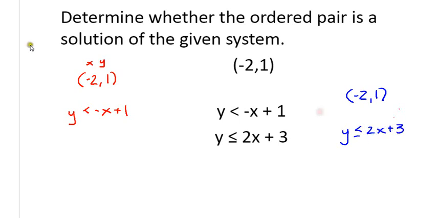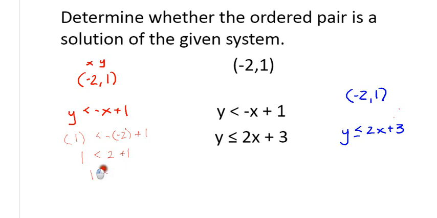So I'm going to start with the red inequality, and you're writing this in your notebook. So I'm substituting 1 for y is less than negative x, which is going to be the opposite of negative 2, plus 1. So then the question is 1 less than 2 plus 1?